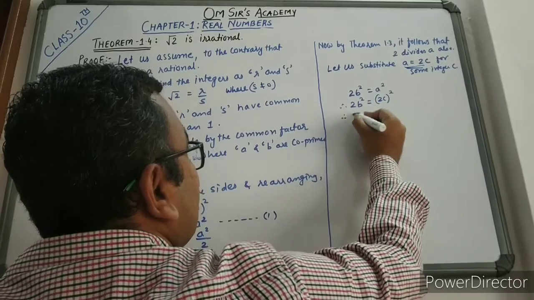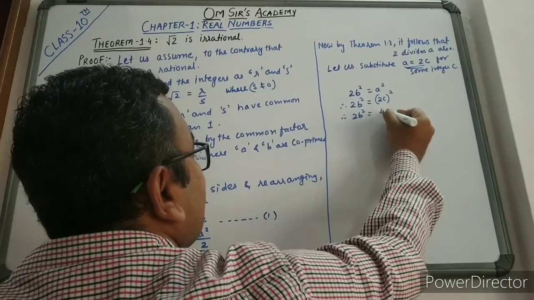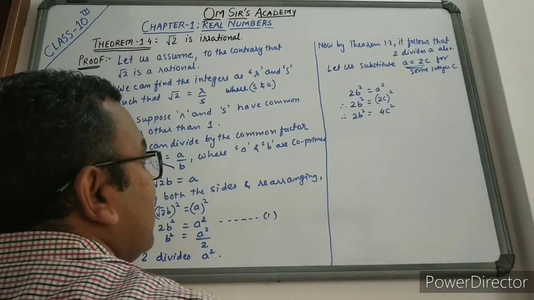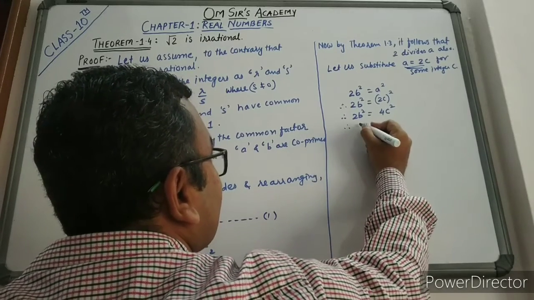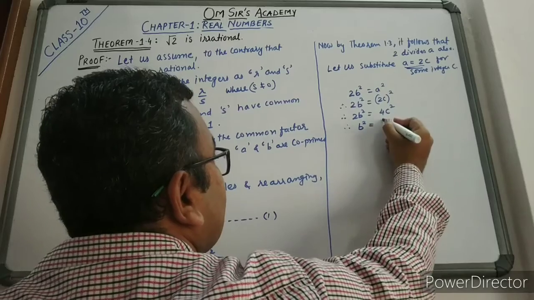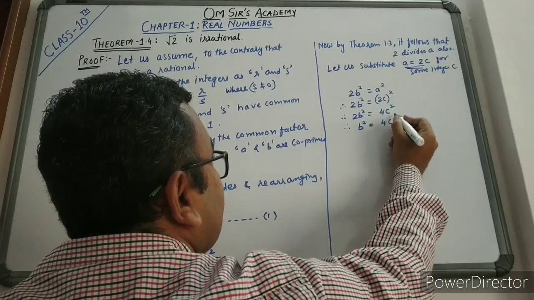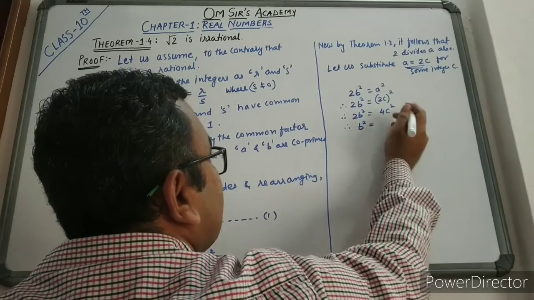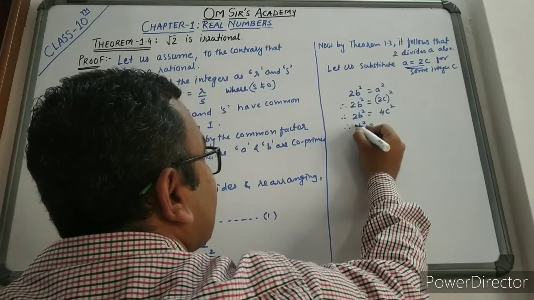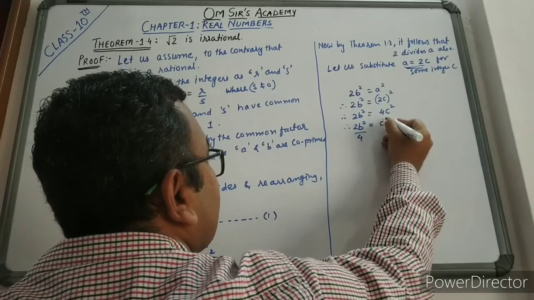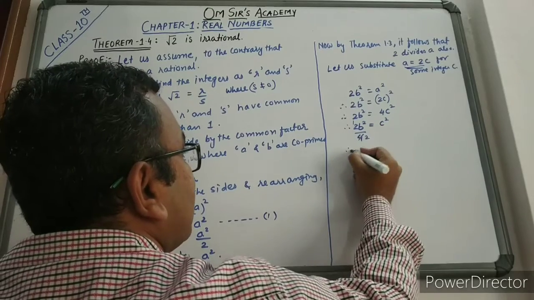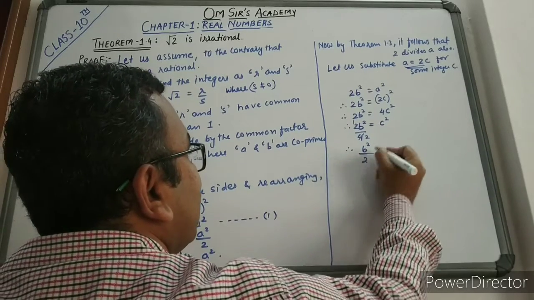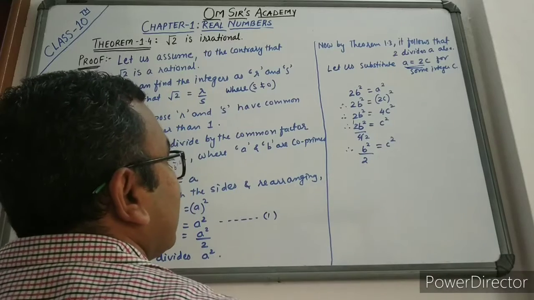So it will be 2b square equals 4c square. Okay. Now these two will get divided over there. Sorry, this 4 I am dividing over here. So 2b square upon 4 equals c square. So 2 ones are 2, 2 twos are 4. So therefore it will be b square divided by 2 equals c square.